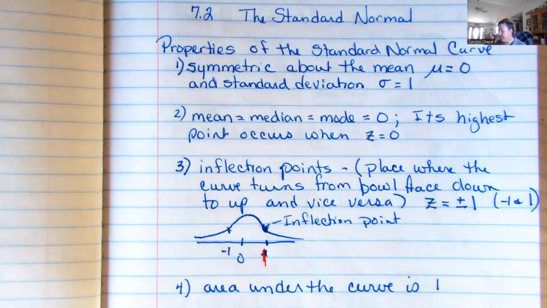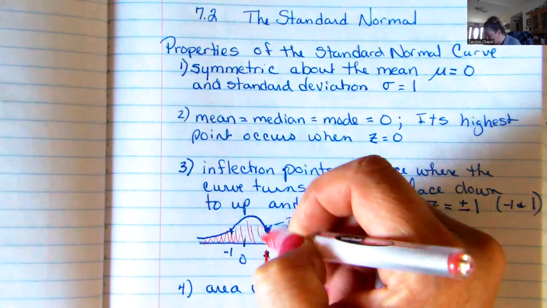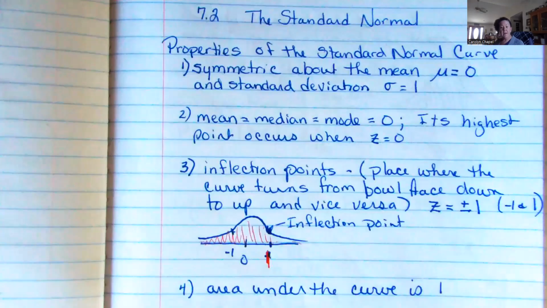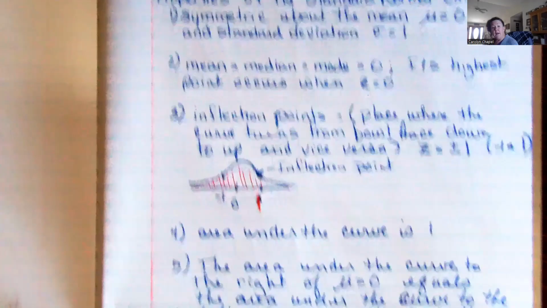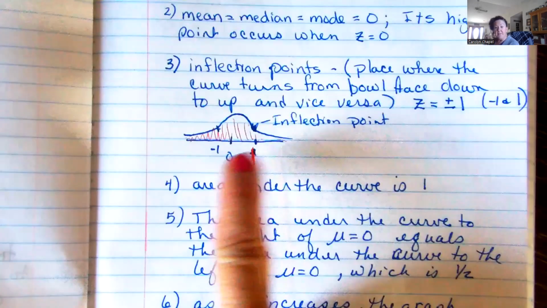Since this does represent a probability distribution, the area under this total curve, so if I shaded this entire thing and found the area under that infinite curve, it turns out to be 1. It is symmetric, so everything that's on this side is the same as on this side.